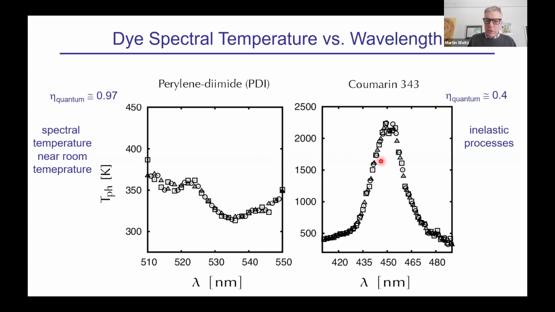However, if you look at coumarin, which is a dye that has a relatively small quantum efficiency, only 40%, you find that this is not at all fulfilled. The spectral temperature really goes up to 2000 kelvins or so.